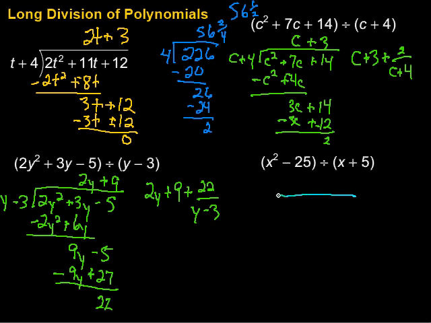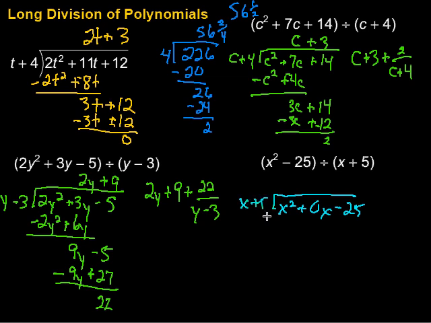So I need to fill in a placeholder for that, and so here's what I'm going to do. I'm going to put x squared, then plus 0x, then minus 25. Okay, so we fill in that placeholder of 0x's, doesn't change the value of our expression, like so.